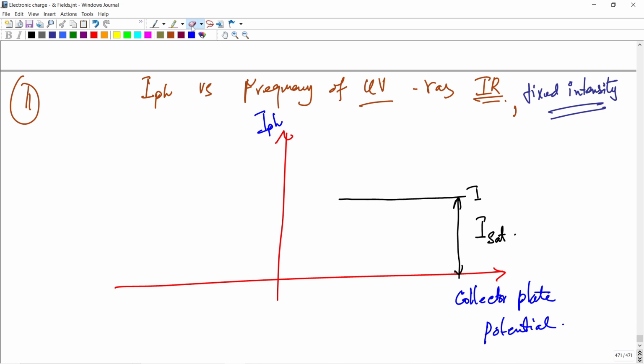That's why it is fixed. I stands for current. Now the frequency of the UV ray is different.